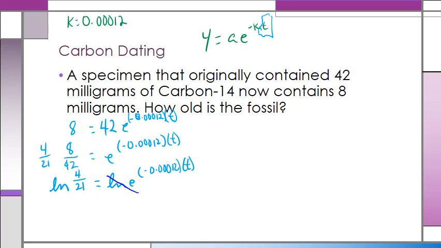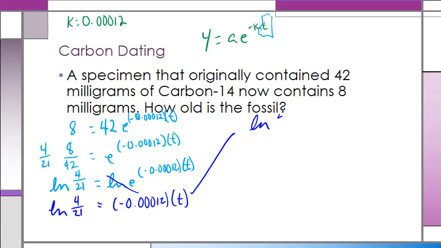And so now we've got ln 4 over 21 equals negative 0.00012 times time, and time is what we're trying to solve for. And so we're going to divide both sides by the negative K, and so then we have ln 4 over 21 divided by negative 0.00012 is going to approximately equal our time.